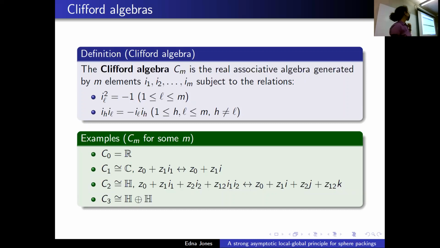So C0 is actually the set of real numbers. C1 is isomorphic to the set of complex numbers. Under the isomorphism, you send i1 to i. C2 is isomorphic to the set of quaternions. Under the isomorphism, you send i1 to i and i2 to j.